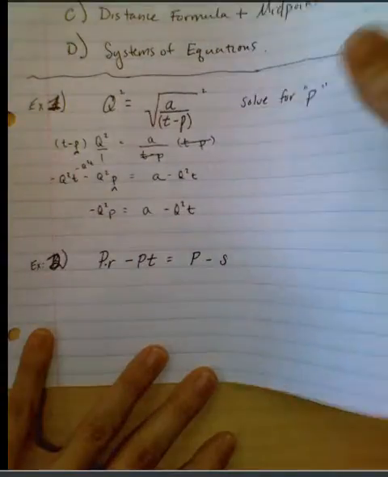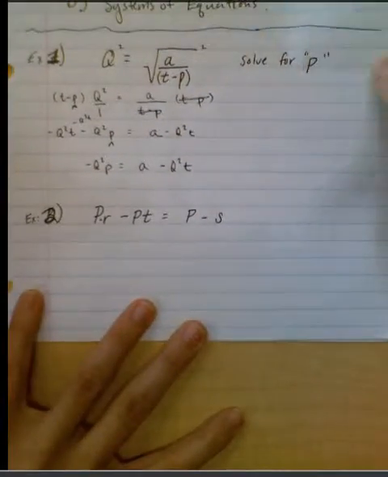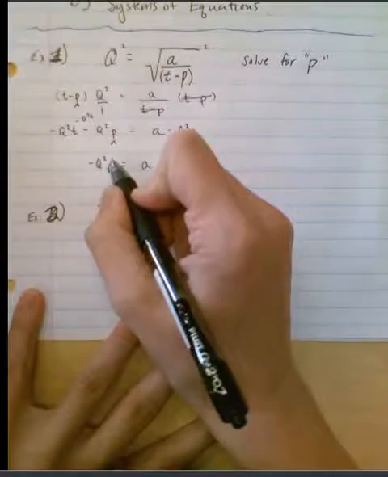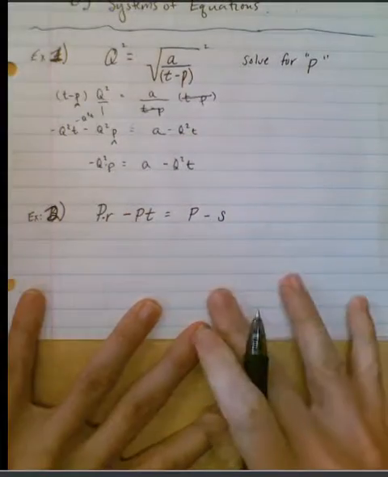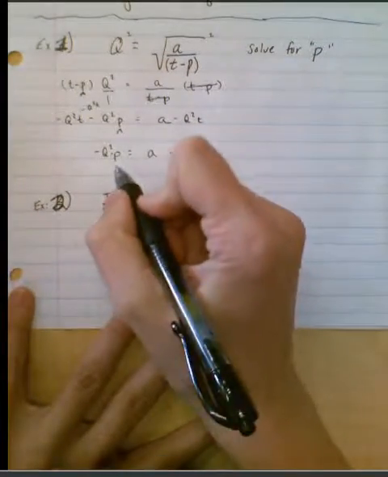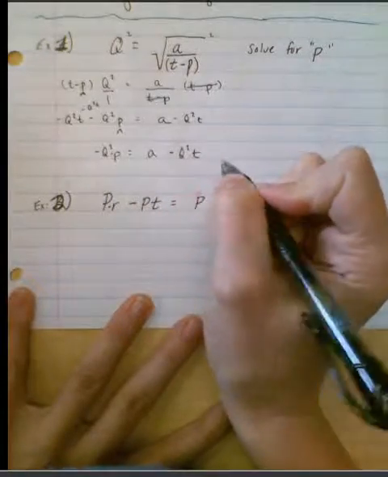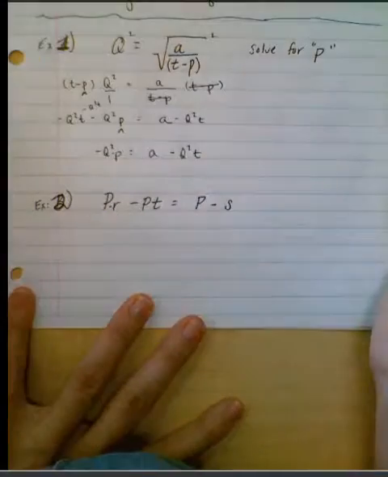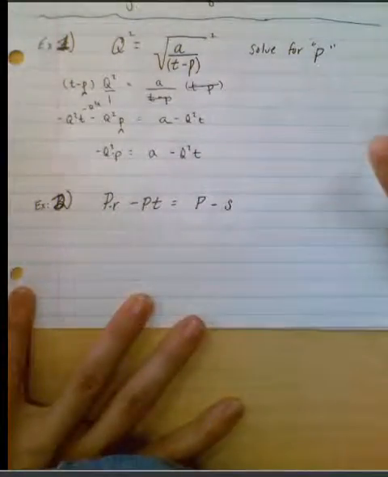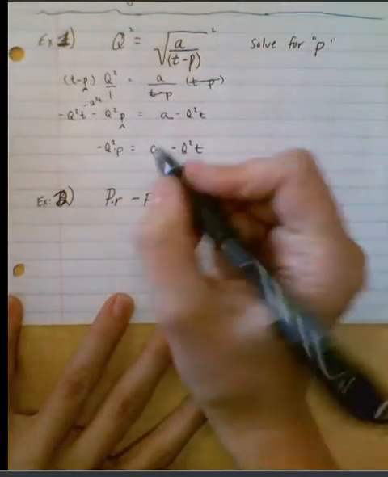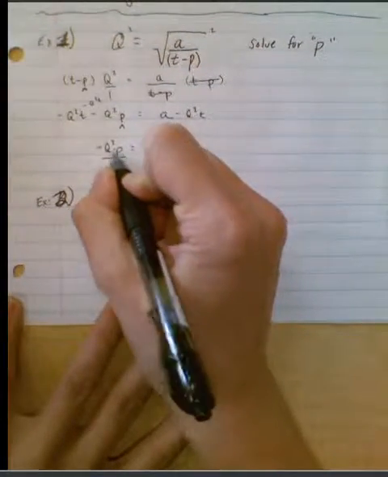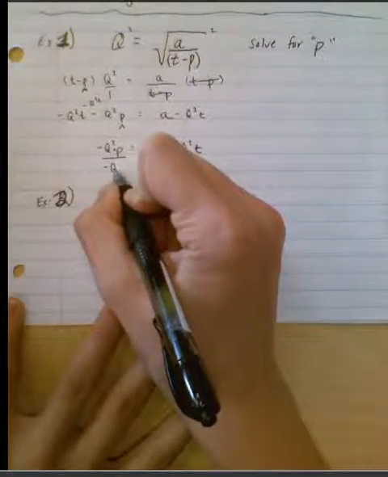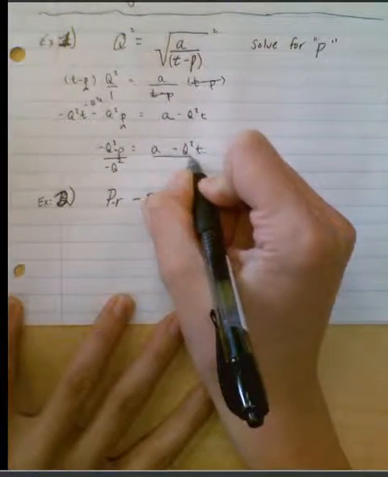Alright, is my p by itself yet? No, it's still attached to negative q squared by multiplication, and when we are solving for things, we're always using inverse operations to remove adding or subtracting, multiplying, dividing. We're using the opposite operation to make it go away. So the opposite of multiplying is to divide out whatever that number is.